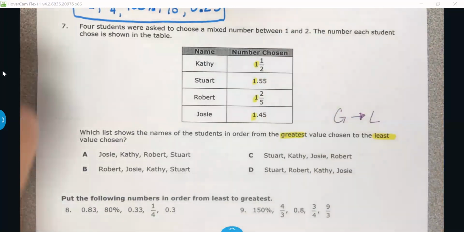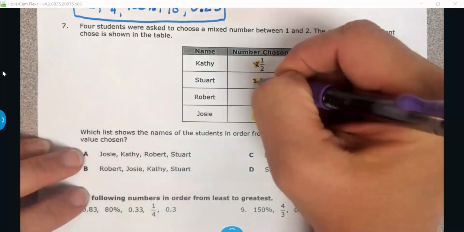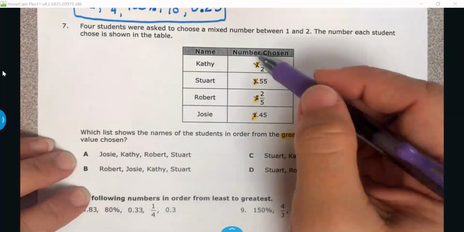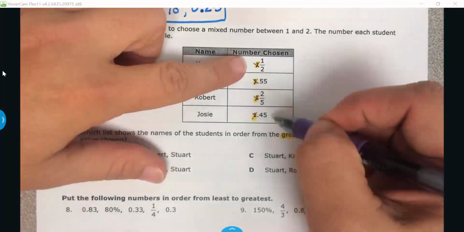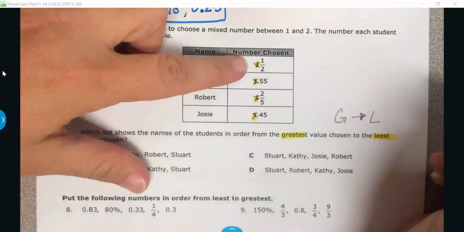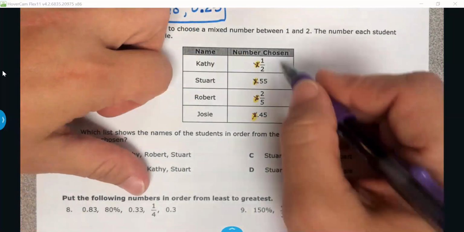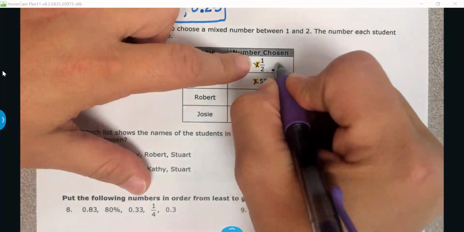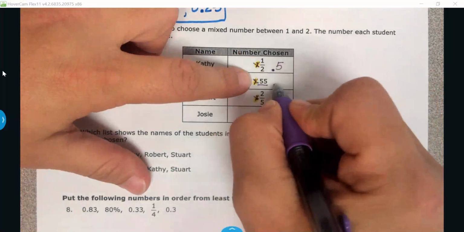When all the whole numbers are the same, just pretend they aren't even there, because I don't need them. But with the remainder, I need to change everything into a decimal. So 1/2, we should know is 0.5. This was already a decimal, so I'm just going to copy it down.